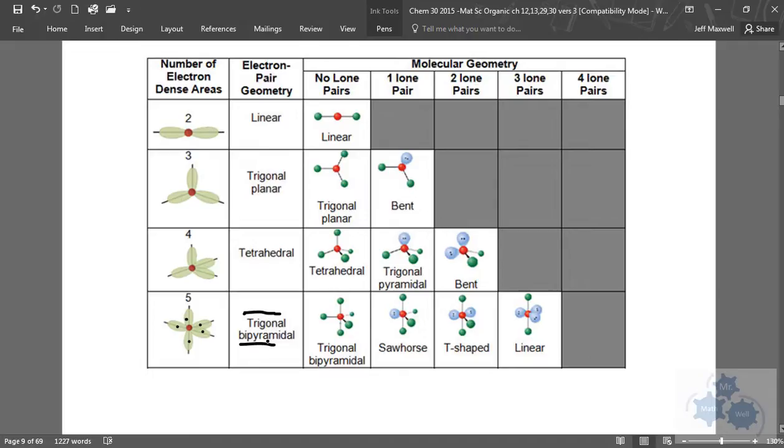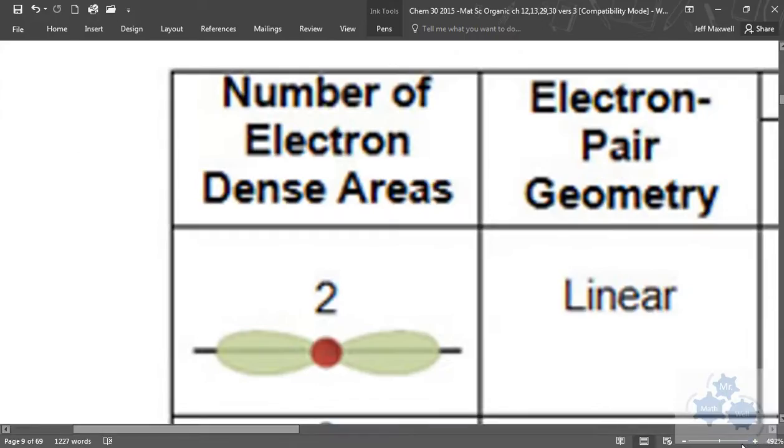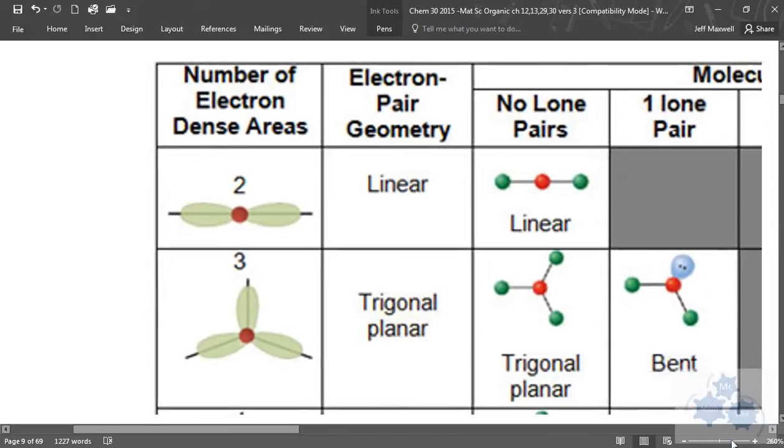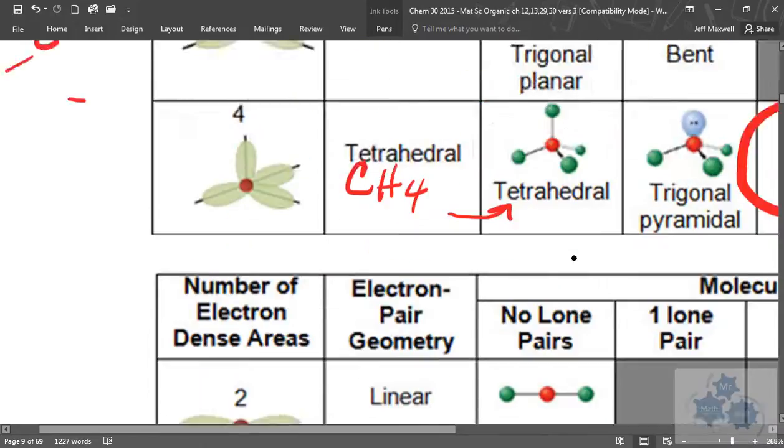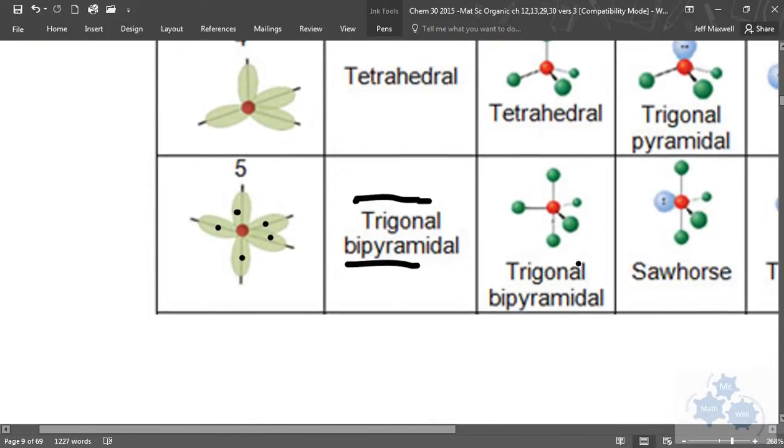It's a little tough to draw. So here's the drawing right here. We have a central atom. You have these 3 right here. Maybe I'll zoom in for you there. Okay, so trigonal bipyramidal.